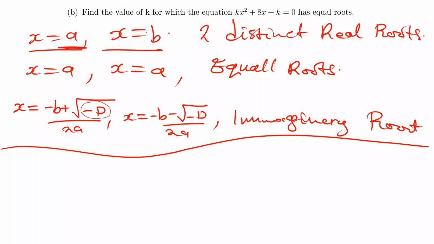Now, what does it mean if you have two real distinct roots, two real different roots? It means that if the quadratic equation, let's say ax squared plus bx plus c, has two distinct real roots, the curve, whether it is a minimum or maximum, is going to cut the x-axis at 2 points.